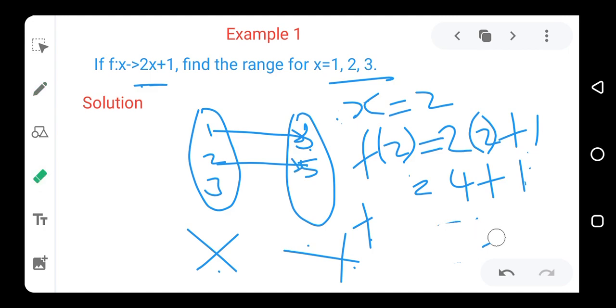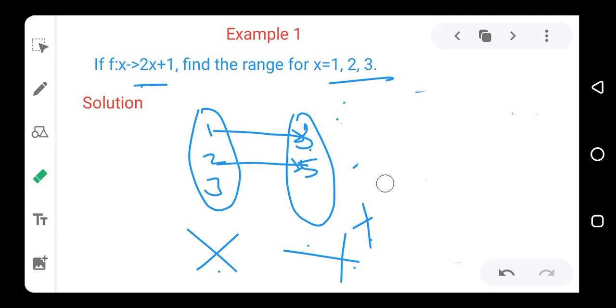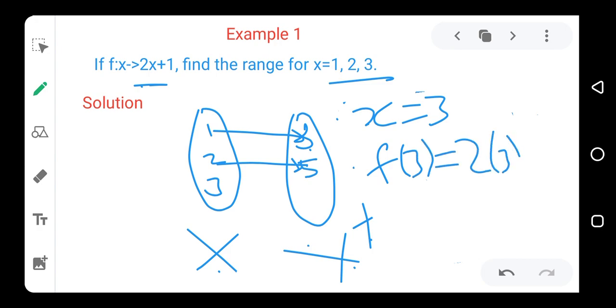Now for the last one, 3. For the last one, where we have x equal to 3, then that means that f of 3 is equal to 2 bracket 3 plus 1.